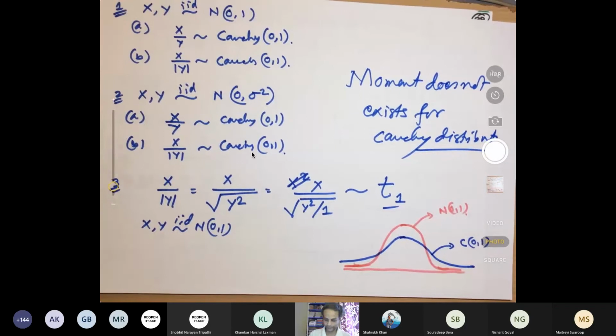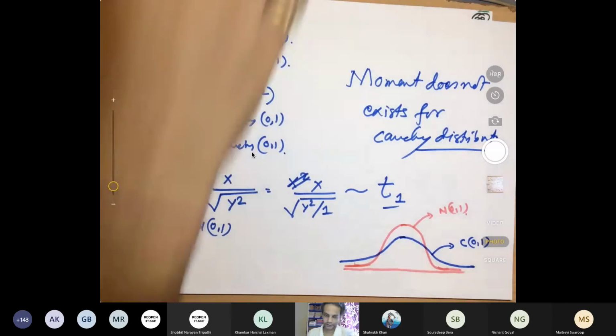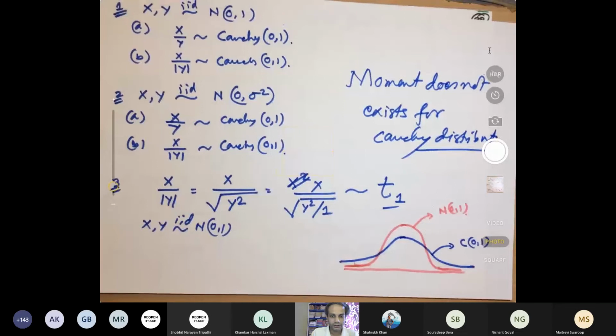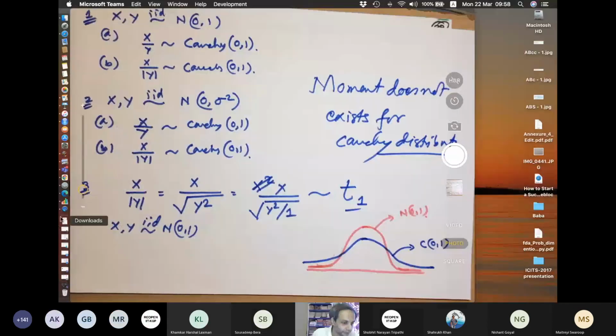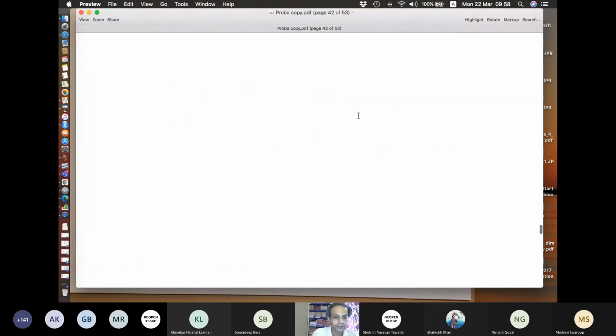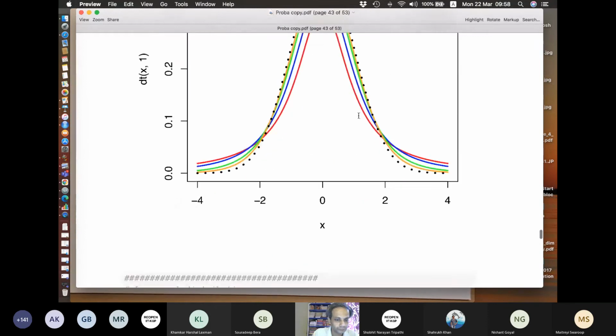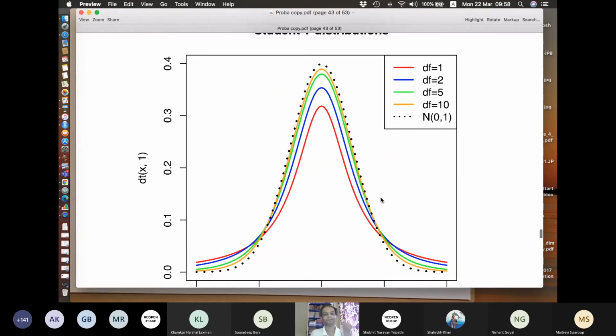Okay, so let us see the PDF once again. I forgot whether I have demonstrated it or not. Here, the T distribution. Yeah, you see this diagram.